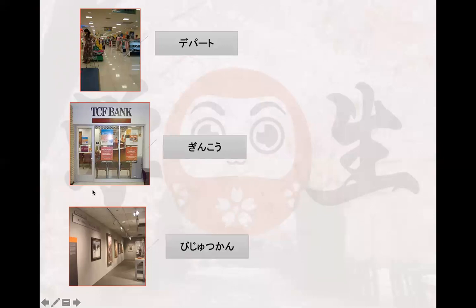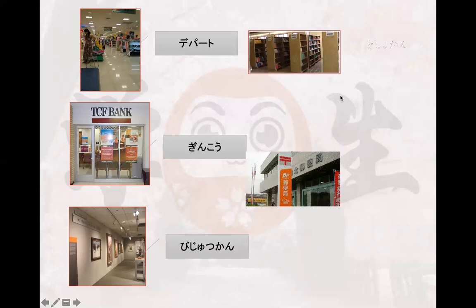And this one is art museum. Bijutsukan. Okay? Then this one is library. Toshokan. And this one, sa Japan, itong icon na to or itong symbol na ito ay post office. So we call it Yubinkyoku. Okay?